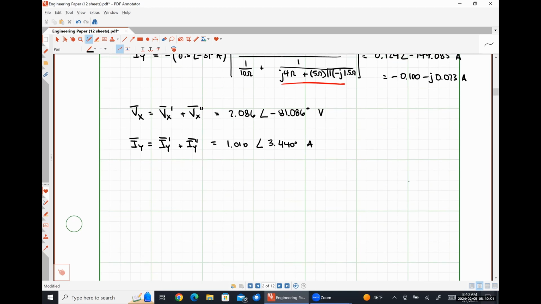So Vx of t is just going to be 2.086 cosine 2t minus 81.086 degrees volts. And Iy of t is going to be 1.010 cosine 2t plus 3.440 degrees amps.